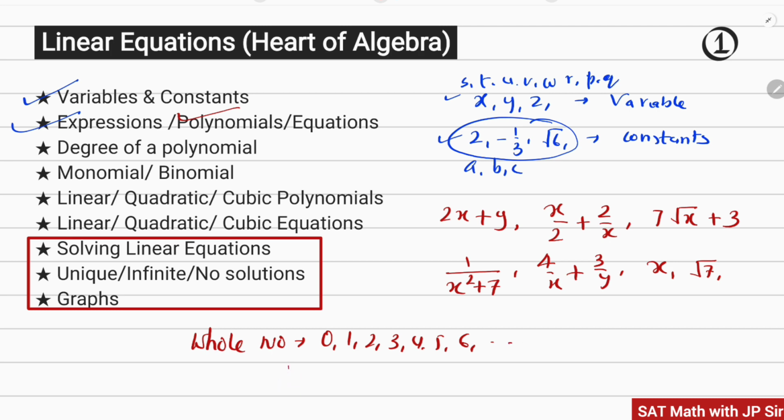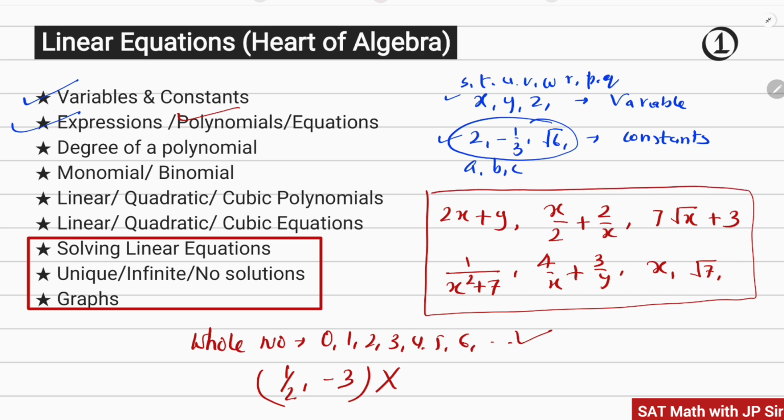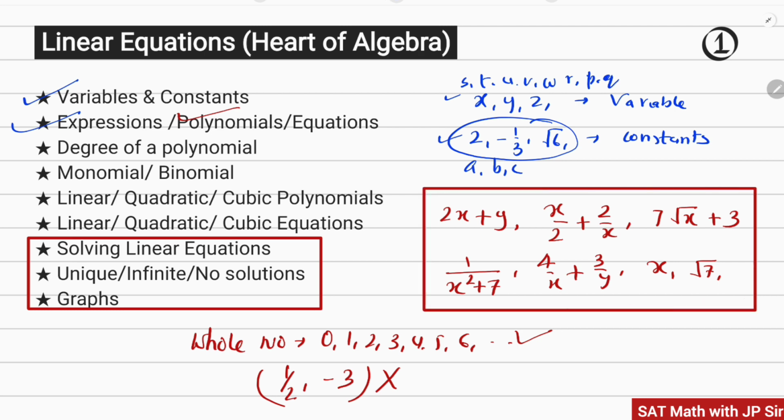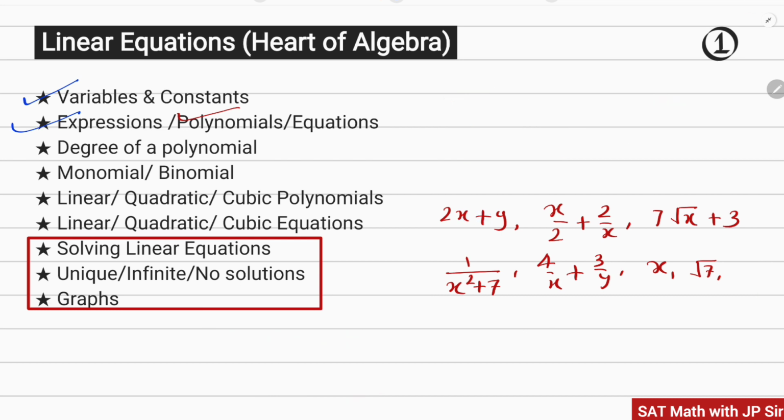So power cannot be a fraction and it cannot be negative. We can only have powers in whole numbers. So going with this idea, which of these can be called polynomials? You can have a look at these one by one.